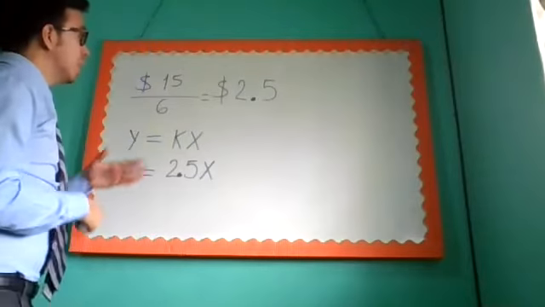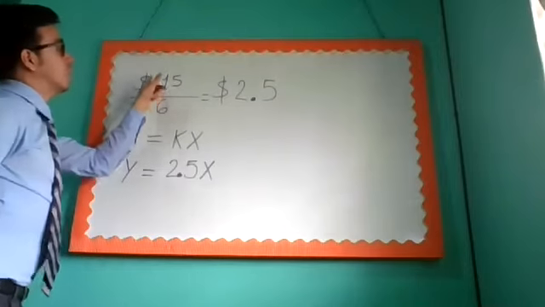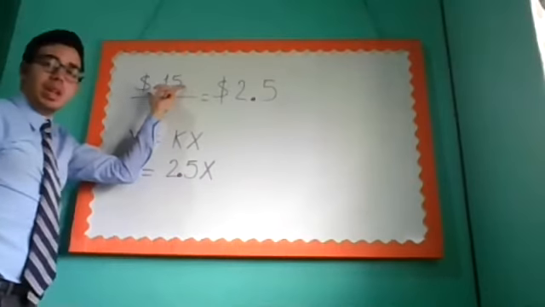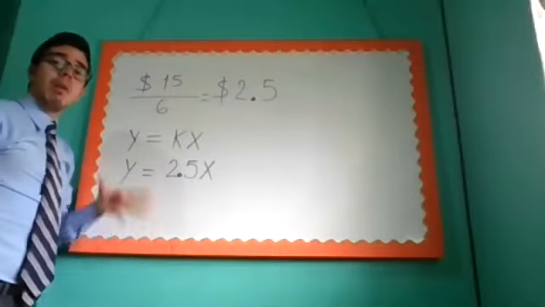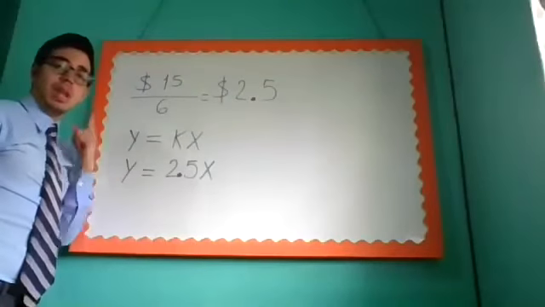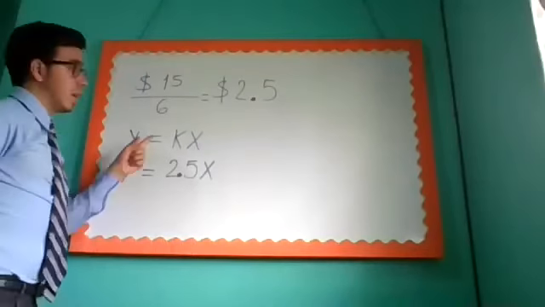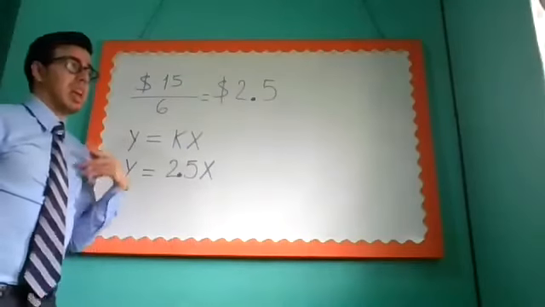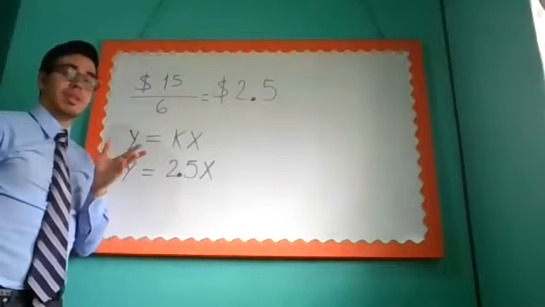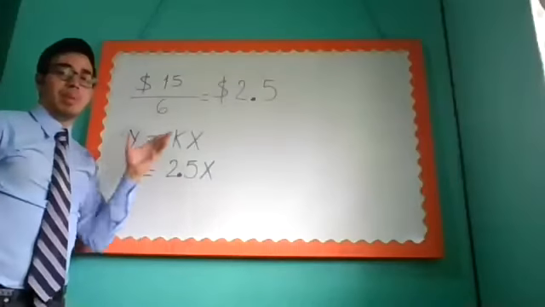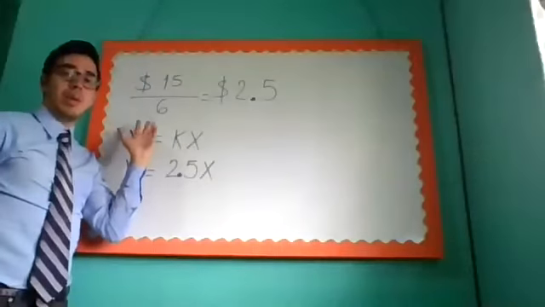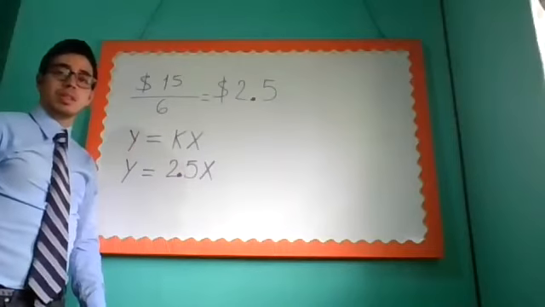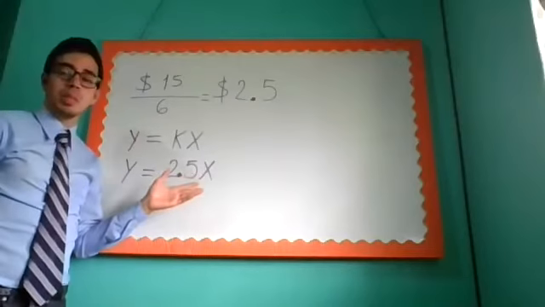Okay. I divided because you know that 6 cupcakes cost $15, and I want to know how many dollars cost only 1 cupcake. The relation when I have the variable k is for 1. 1 cupcake, 1 dog, 1 cat, 1 book, or the price for 1 hour, depending on what you need.